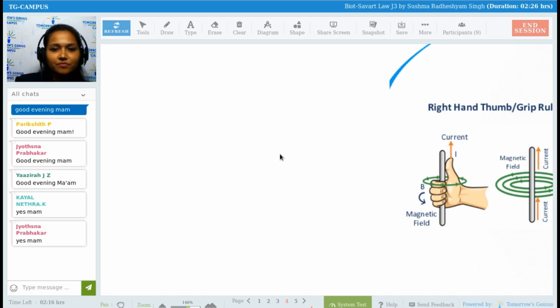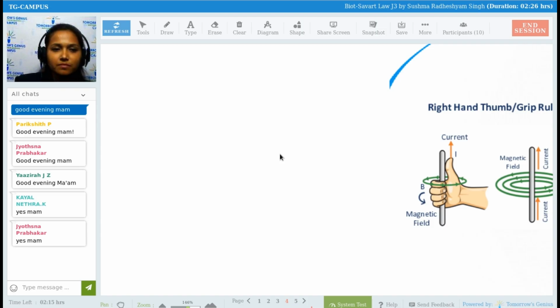Someone says it is used to determine the direction of magnetic force. Which rule, right hand thumb rule or Fleming's rule, my dear student? Okay, no problem. Anyone else?